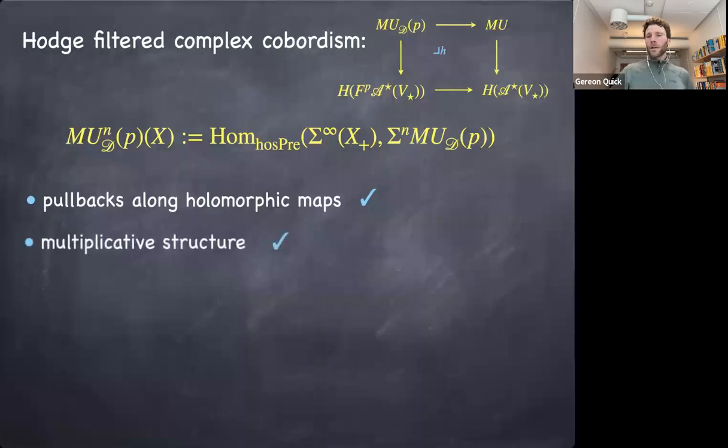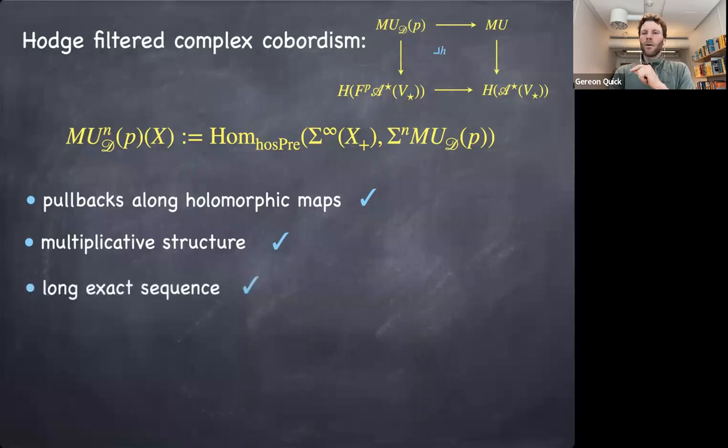We get a multiplicative structure if we take into account not just one n and one p, but take the sum of all n's and all p's. And then we should rather work in the category of presheaves of symmetric spectra in order to have a nice multiplication. But if we take care of all these requirements, then we also get a multiplication. So that's nice.